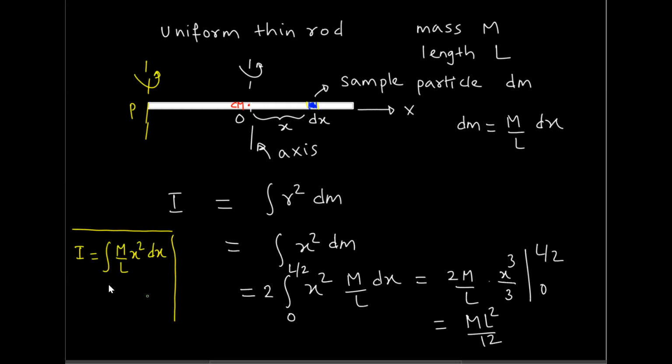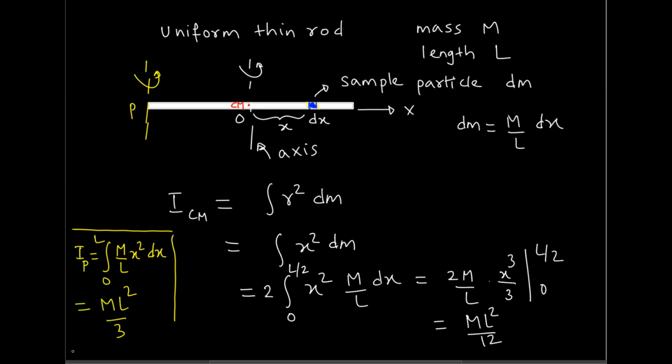Can you suggest the limits if I'm calculating about an axis passing through the end? Let's call that IP, and because this one is going through the center of mass, let us call this ICM. You're going from 0 to L. Nice, 0 to L, right? So now here, if I look at this, I get ml square by 3.